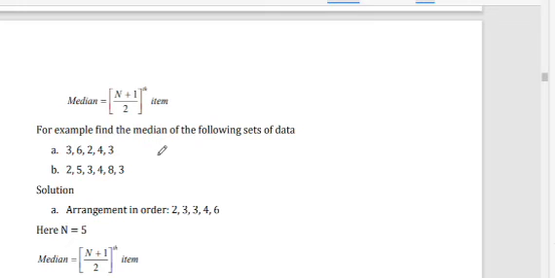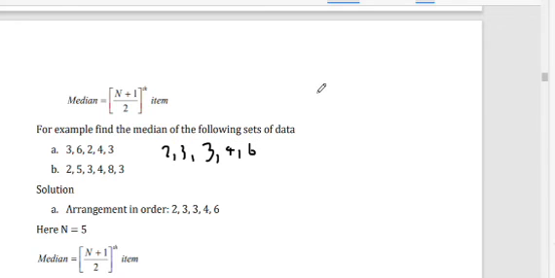So the smallest number is 2. Then I have 3, I have 3 again. Then I have 4. Then 6. We have 5 numbers: 1, 2, 3, 4, 5.